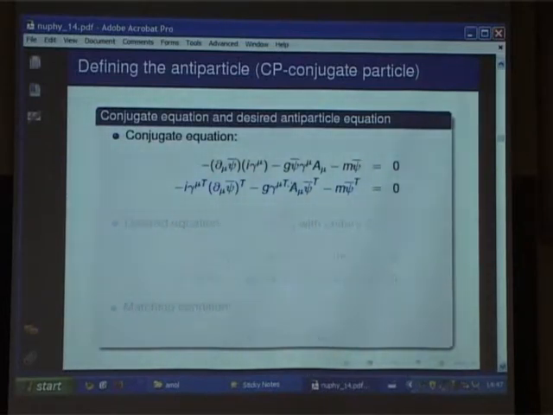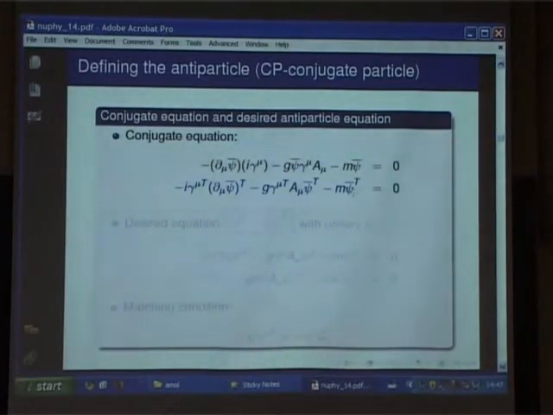We are looking at a particle which satisfies Dirac equation, and we want it to have certain properties like it has the opposite charge of the original particle. But right now, let's not go to opposite charge. Let's just say that this is an equation, and we want to write this equation so that it looks like Dirac equation.